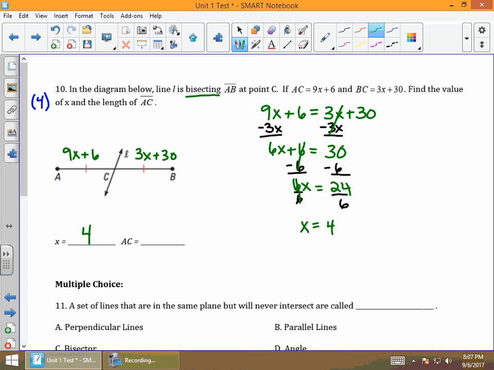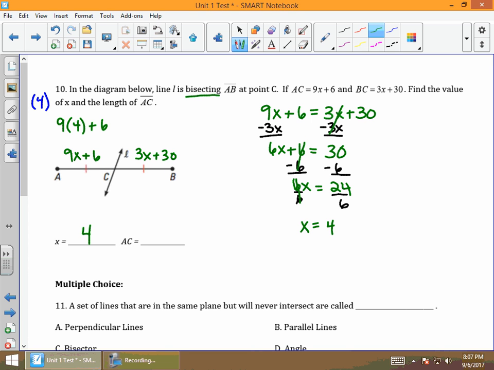And the last point is finding the distance from A to C. And this is all about what your answer for x is. So with a correct answer of 4, what I need to do is plug that back into my equation. So here it's 9x plus 6 is the distance from A to C. So I'm actually going to do 9 times 4 plus 6.